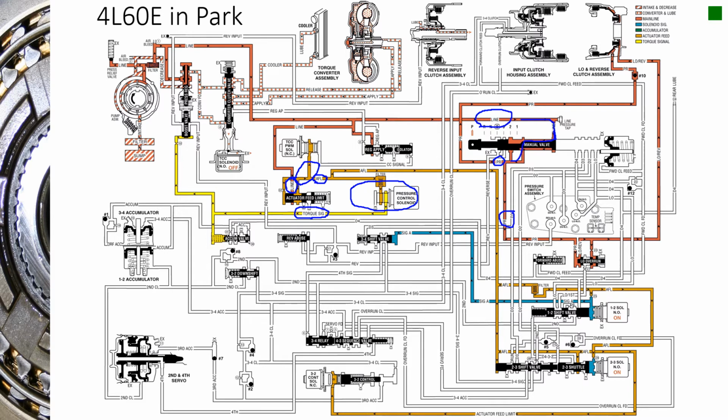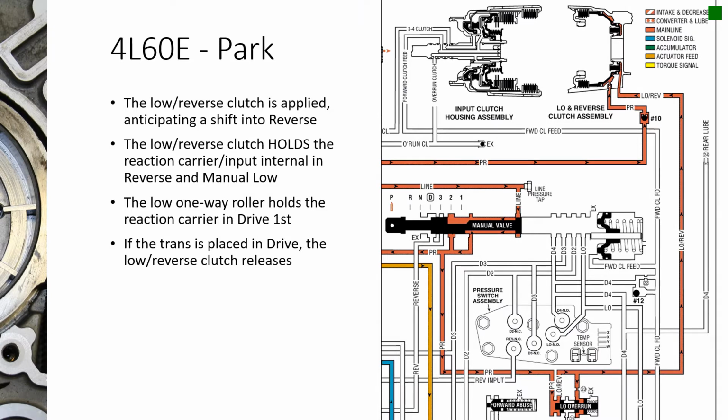When we go through these different gears, we'll take the opportunity to talk about what's unique or new. For example, in this next slide, we'll talk about how the only thing happening in park is that the low reverse clutch assembly is applied. When we shift into park, the pressure regulator adjusts line pressure, and that line pressure finds its way in.